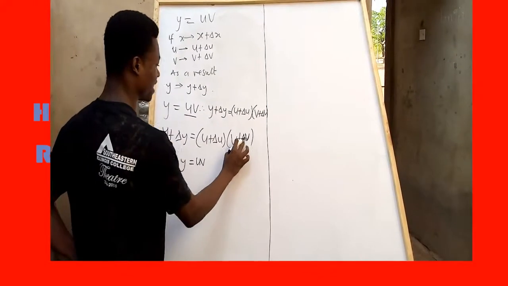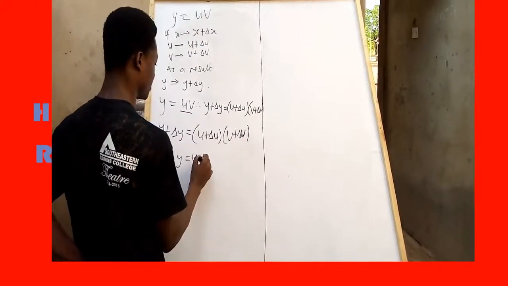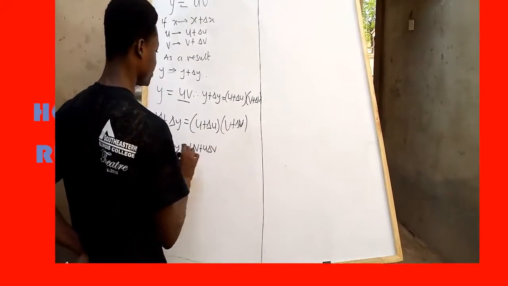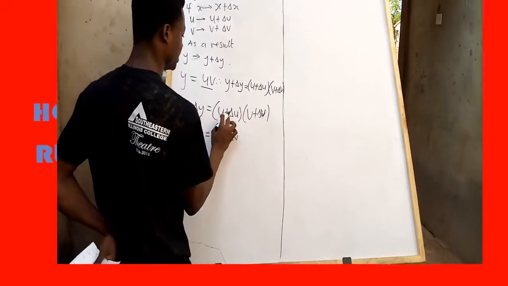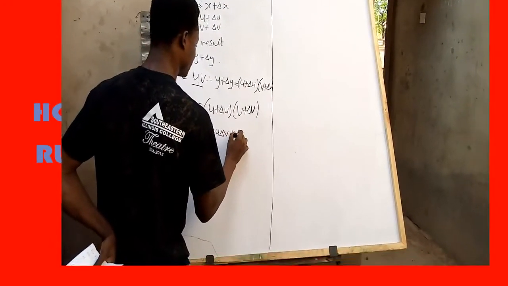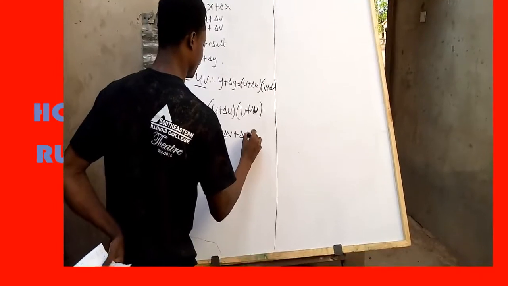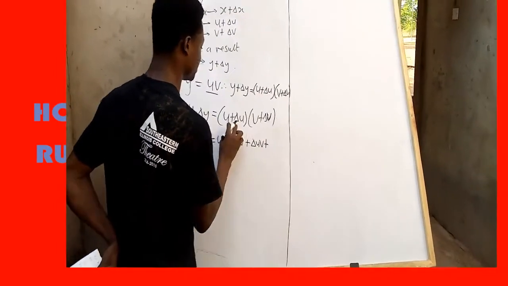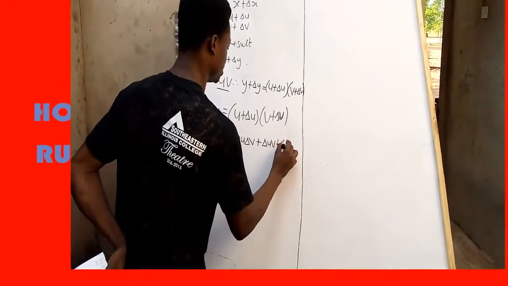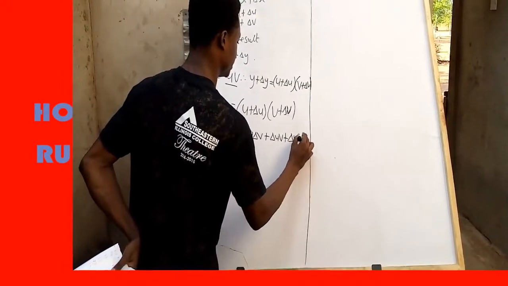U multiplied by change in v gives plus u change in v. Then change in u multiplied by v gives plus change in u v, and then plus change in u multiplied by change in v.